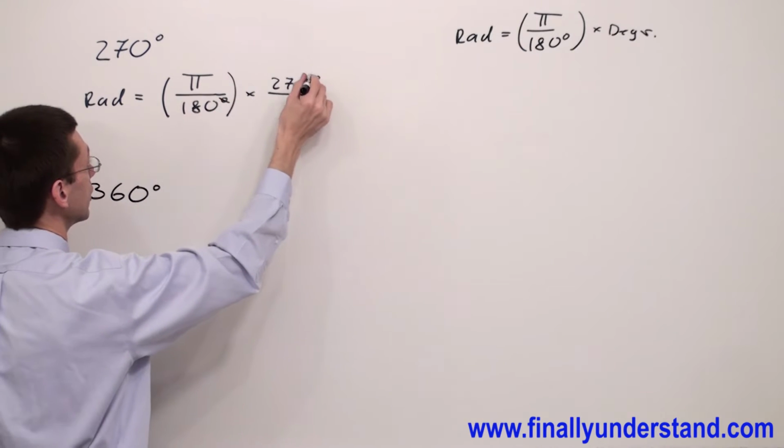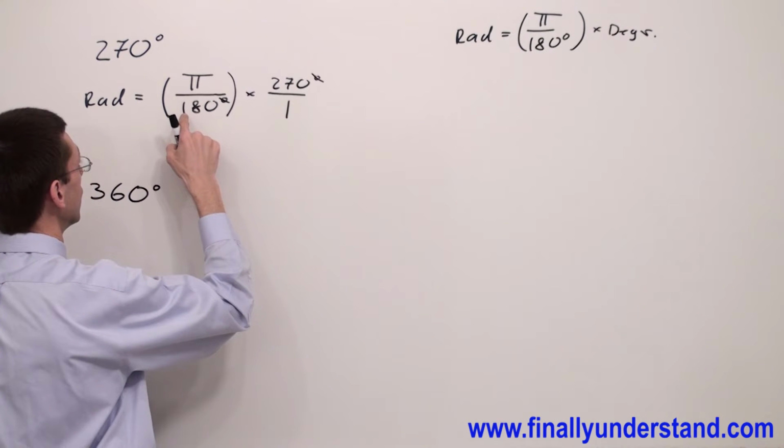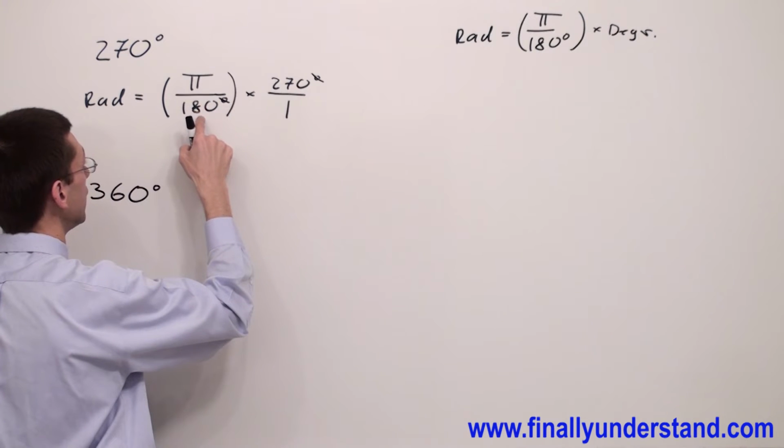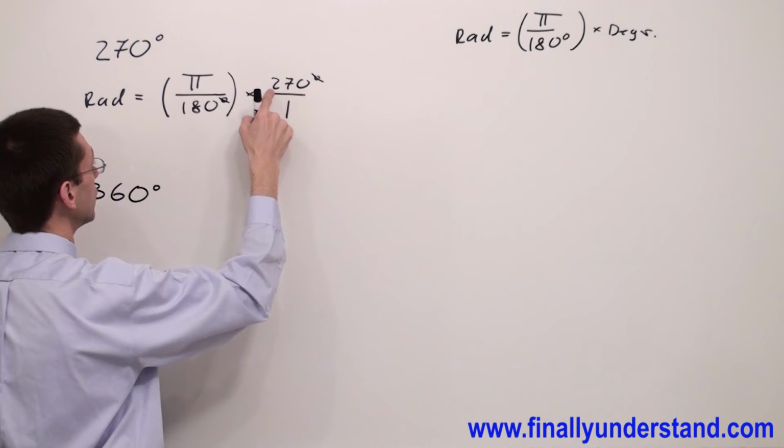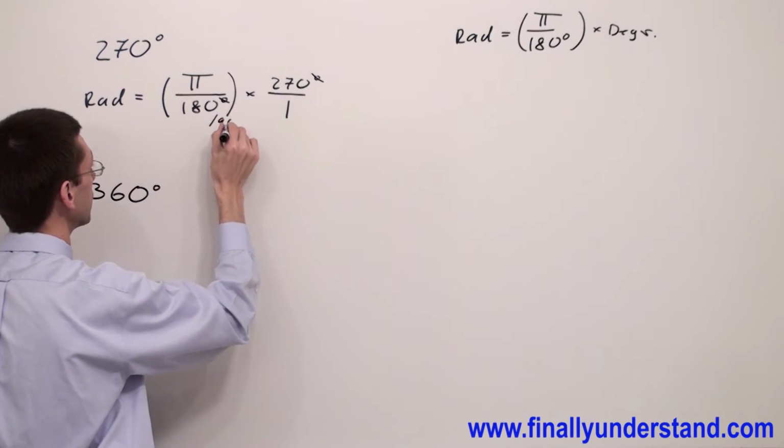Degrees and degrees will cancel out. 180 and 270, both of them are divisible by 90.